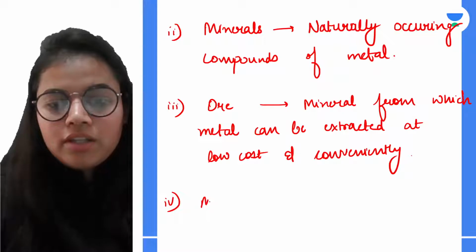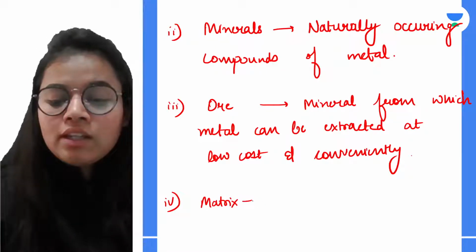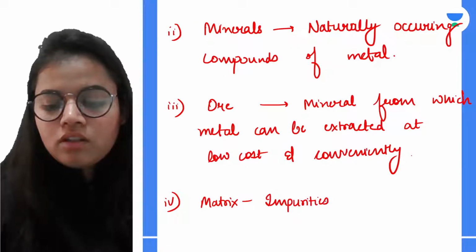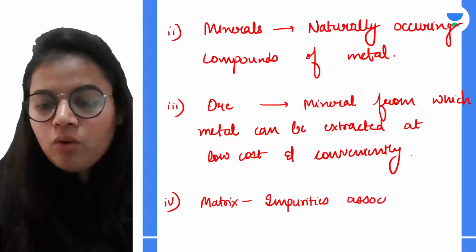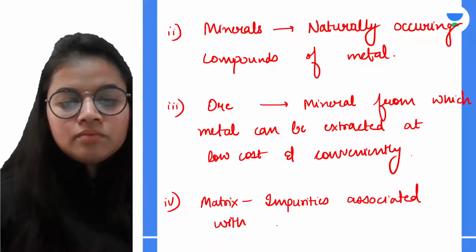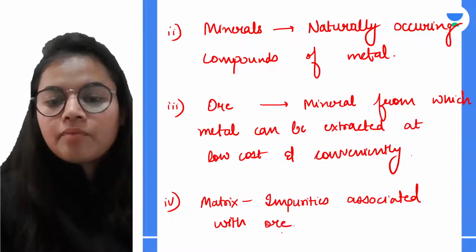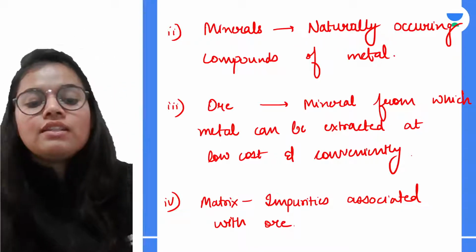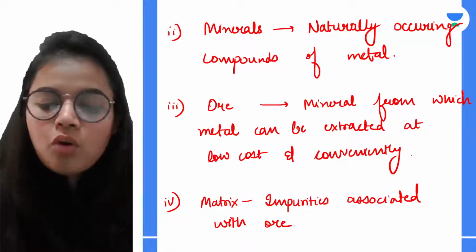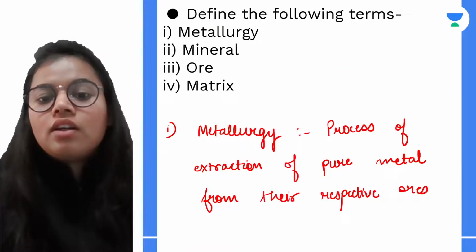So the matrix, also known as gangue, is the impurities associated with ore. Okay, so these are the basic definitions about mineral, ore, matrix and metallurgy that you should be thorough with.